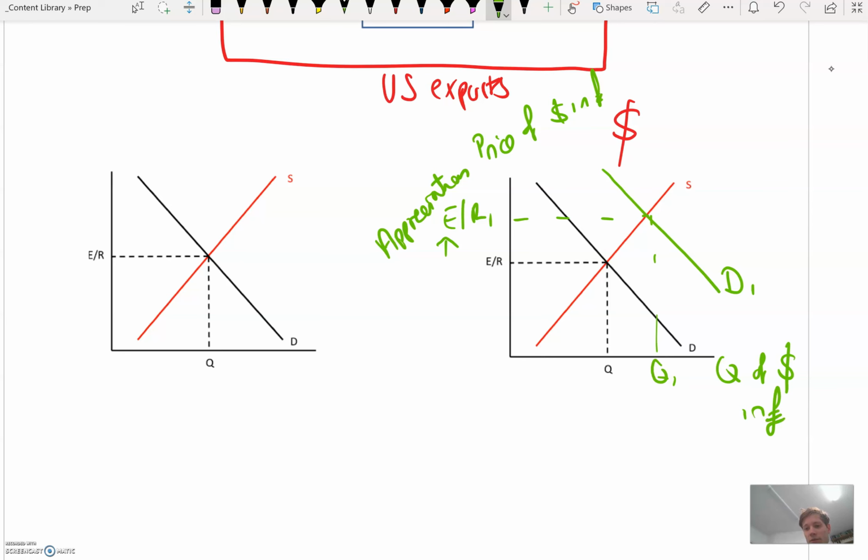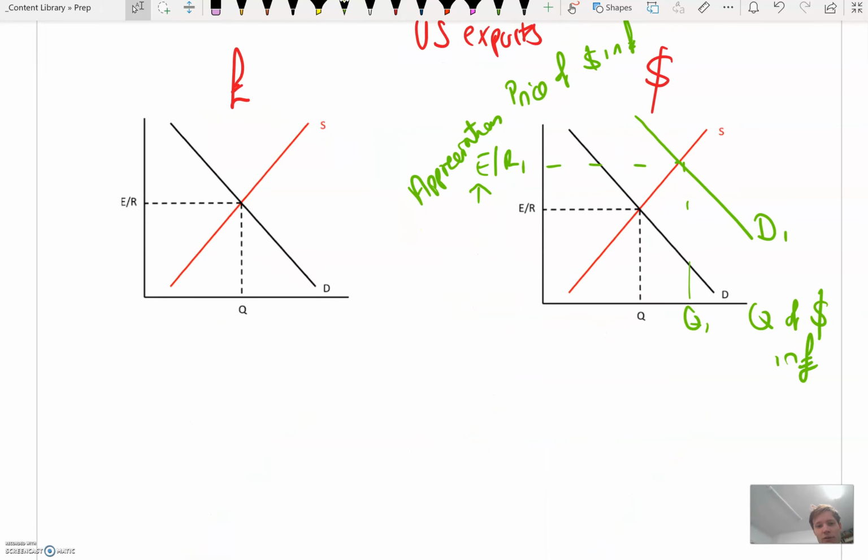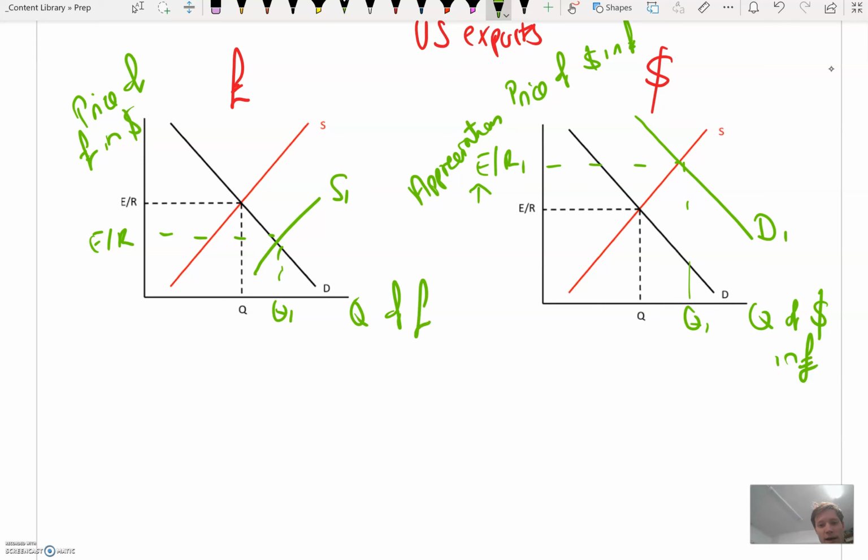Lovely. Okay, in the market for the pound over here, I've got the same thing happening. The supply now of the pound has gone to the right because we've now left our pounds in the foreign exchange shop, and we're going to see a depreciation as a result. Price of pounds in dollars, quantity of pounds. And so we've got a depreciation going on this way.